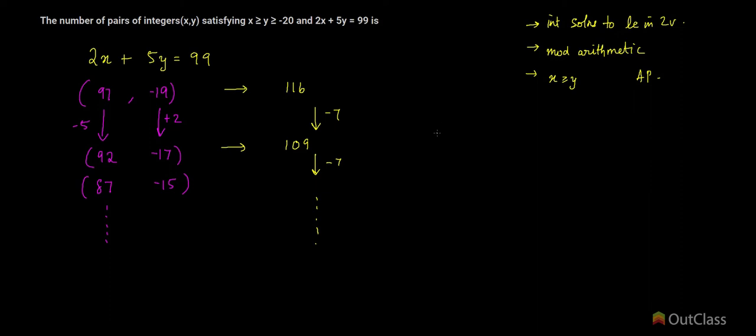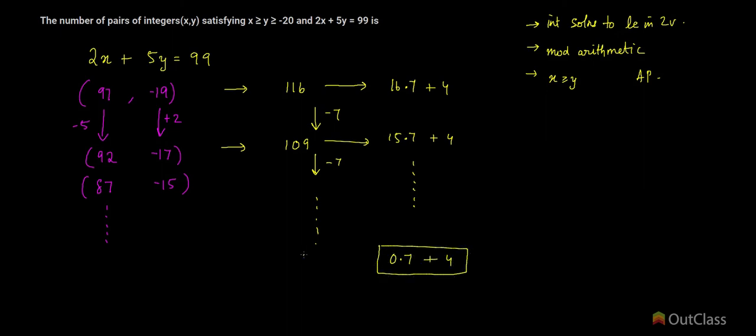Then you'll see that 16 into 7 is 112, and this is actually 16 into 7 plus 4. This is 15 into 7 plus 4, and you can keep going down until you get to 0 into 7 plus 4.